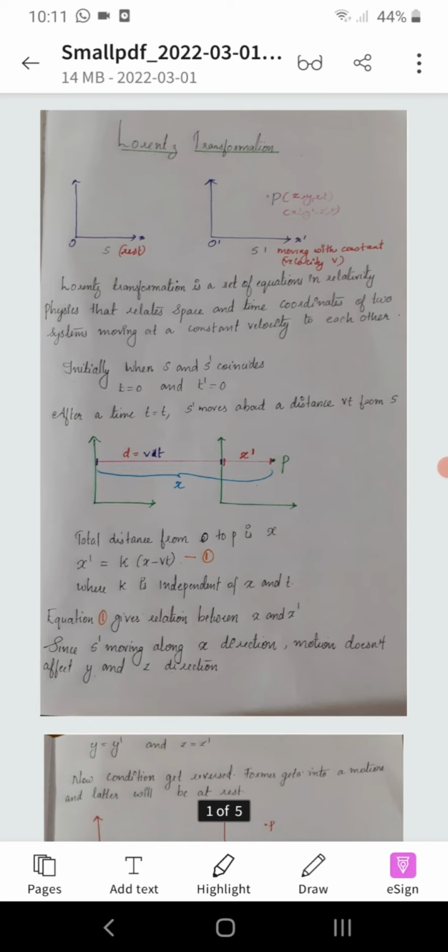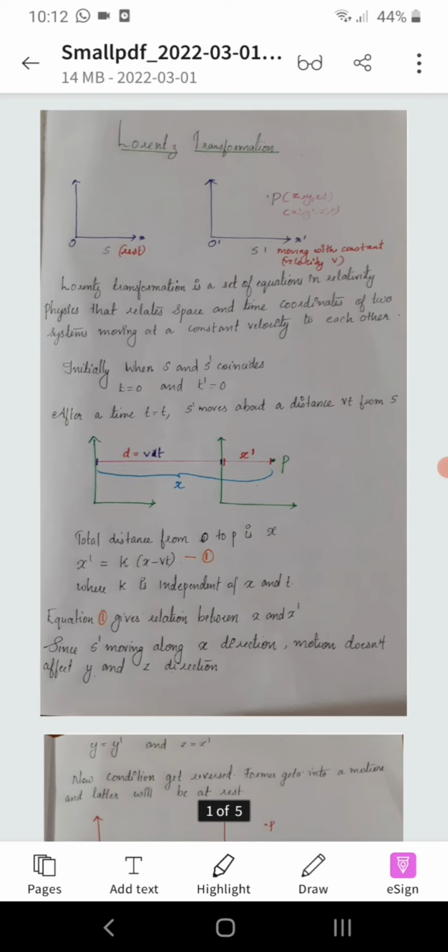Initially, when S and S dash coincide, t is equal to 0 and t prime is equal to 0. After a time t, S dash moves a distance vt from S. The total distance from the observer O to the point P is x.